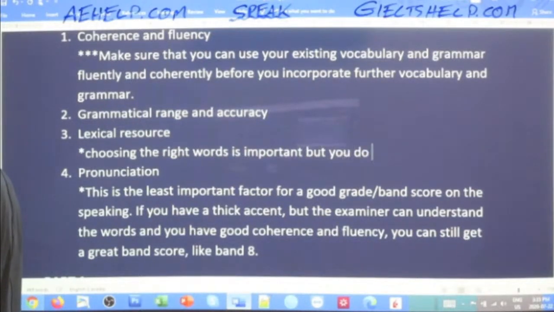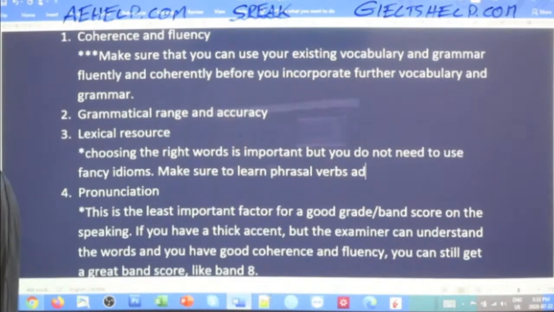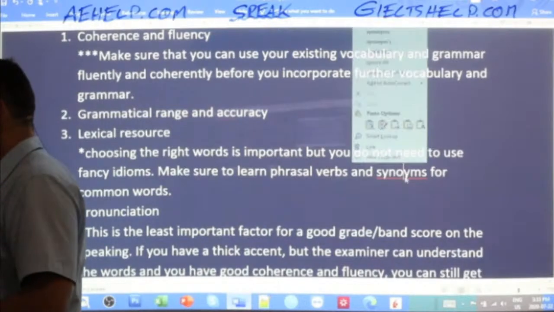But you do not need to use fancy idioms. Make sure to learn phrasal verbs and basic synonyms for common words. Okay, so that's what's important.